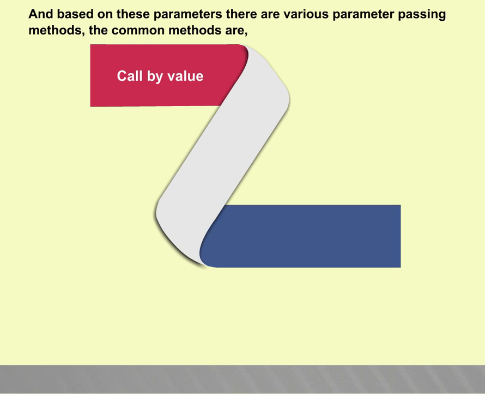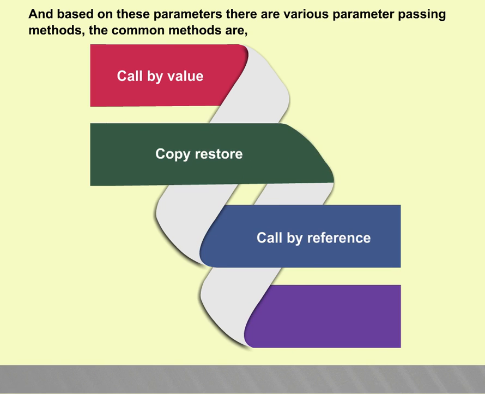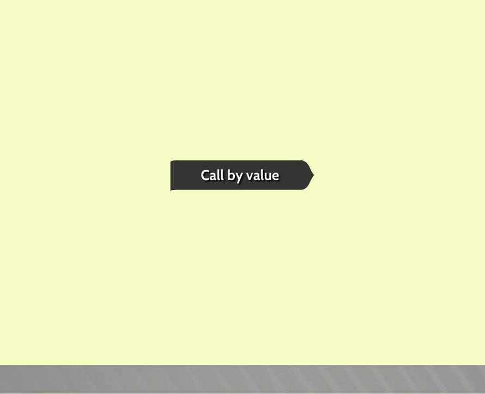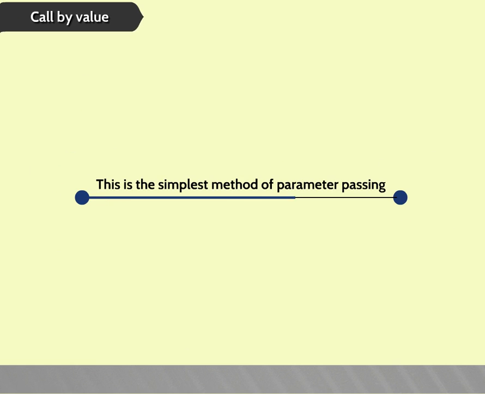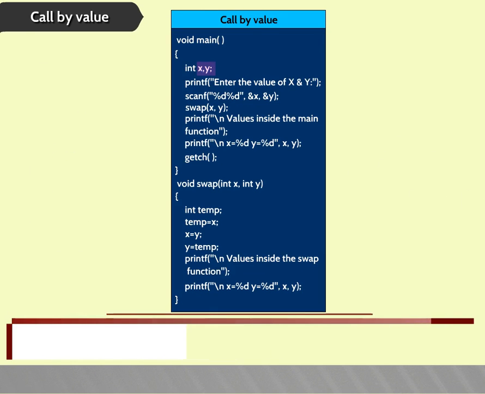call by value, call by reference, copy restore, call by name. Call by value. This is the simplest method of parameter passing.